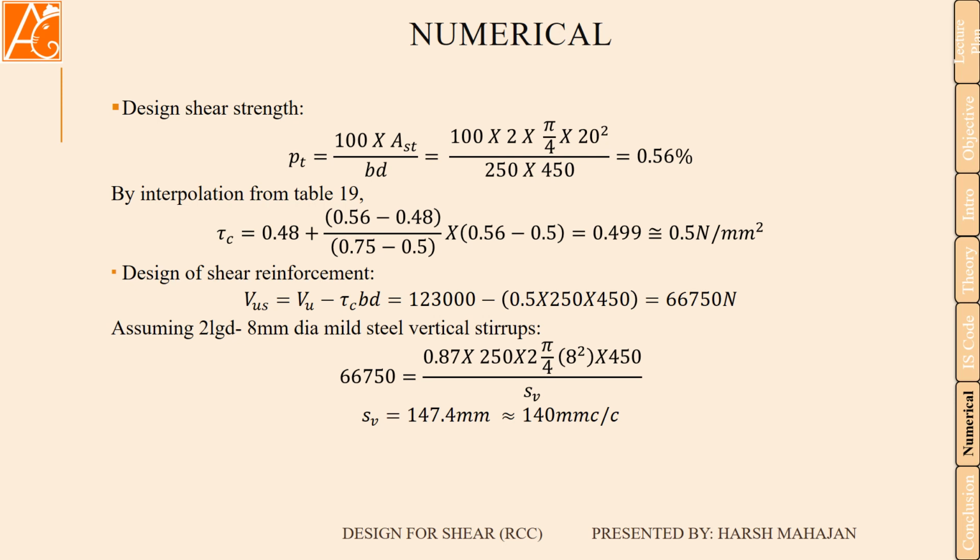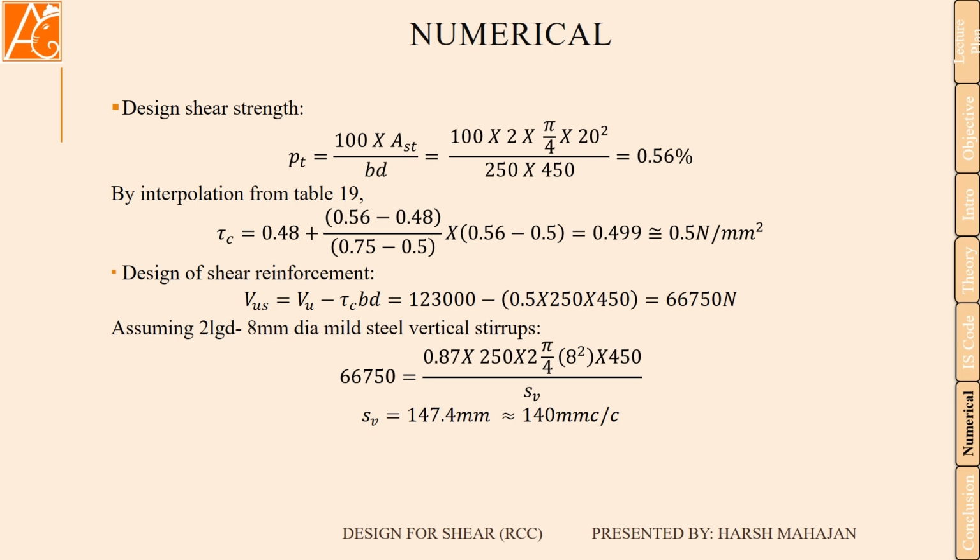We will design it for force Vus equals Vu minus tau c bd. Here is the calculation, simple. 66750 Newton will be the design shear resistance that you require. Now I am assuming mild steel reinforcement bar with two-legged stirrups.